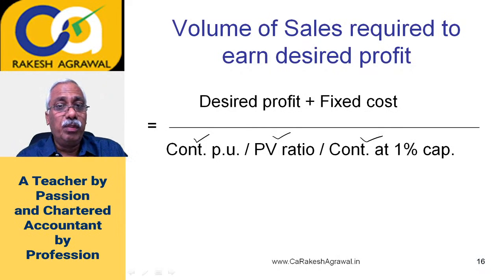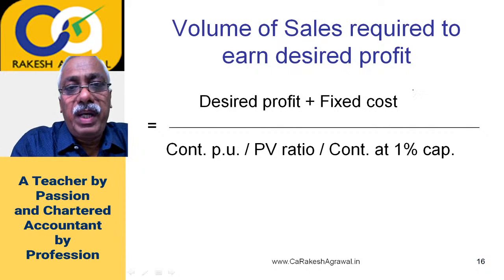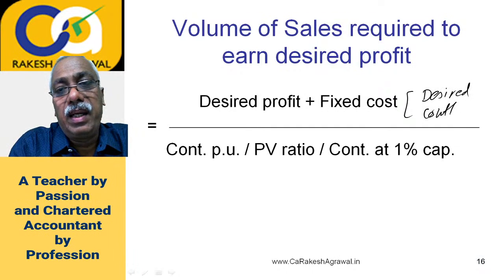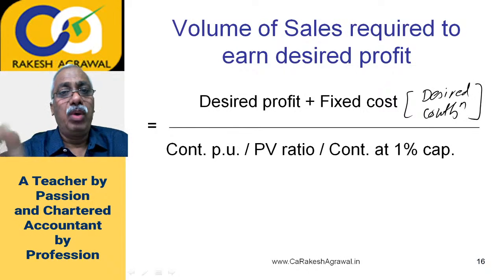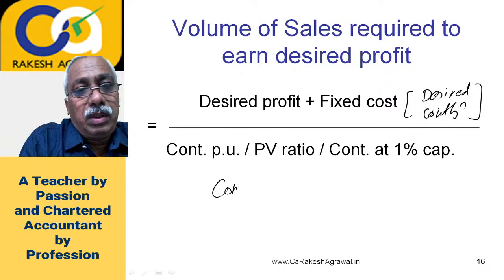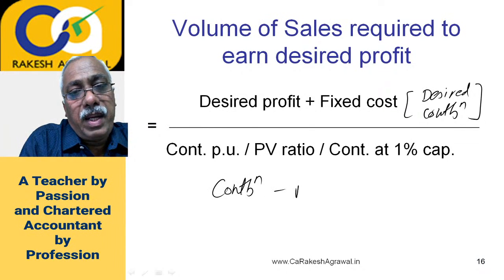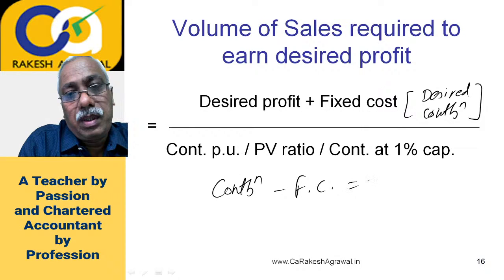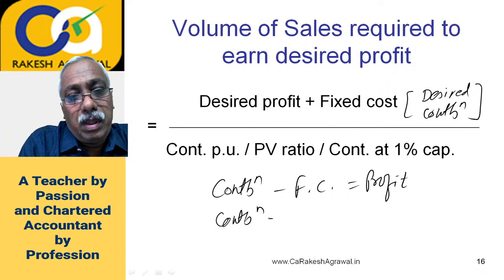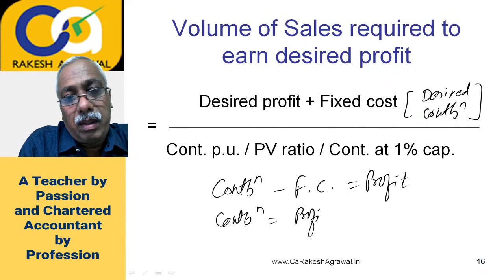Now we have to just see the numerator. My dear friends, this numerator, desired profit plus fixed cost, is nothing but again desired contribution. How come? Check our formula. The formula was contribution minus fixed cost is equal to profit. Now shuffle this formula: contribution is equal to profit plus fixed cost.